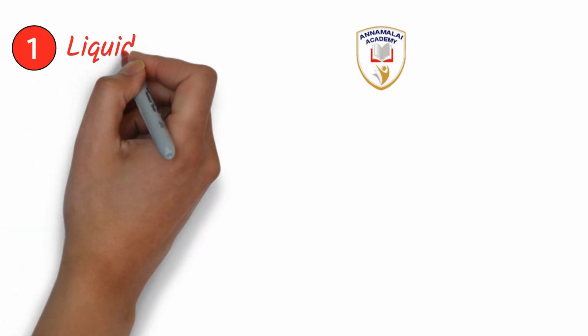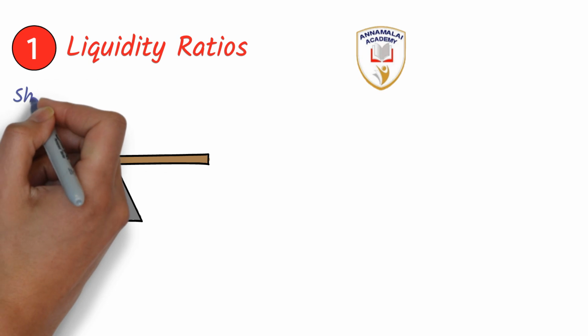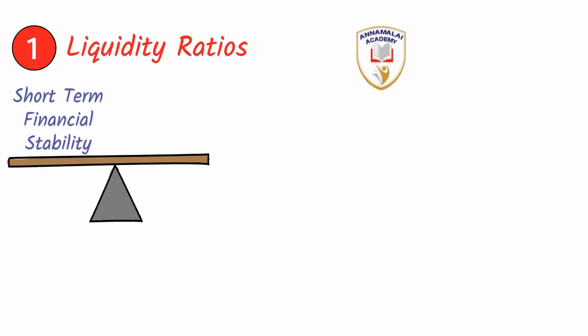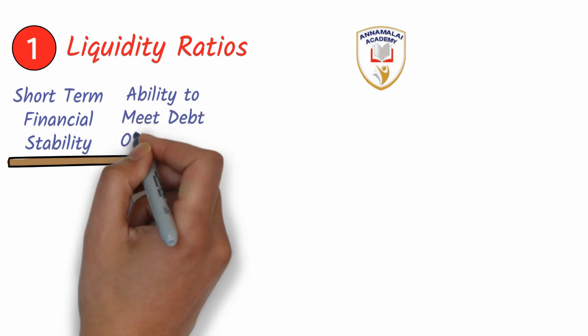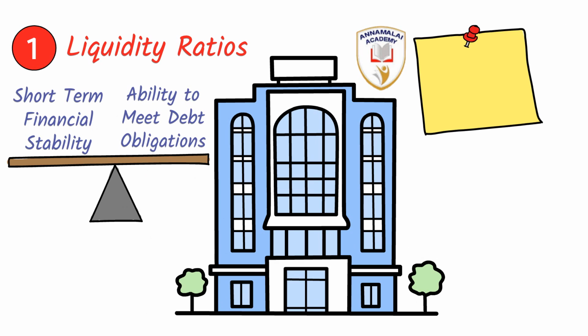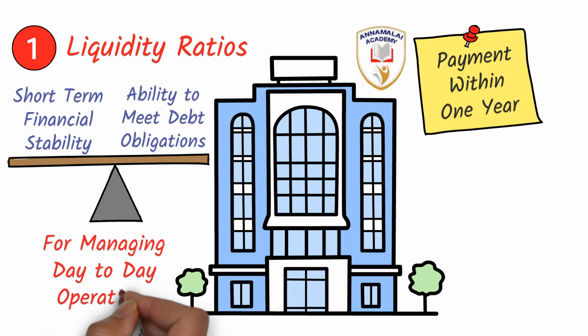Liquidity ratio. This ratio is applied to understand the short-term financial stability of a company. To what extent the company could meet its debt obligations in the short run, say within a period of 1 year, and how far the company is capable of managing the day-to-day business operations.